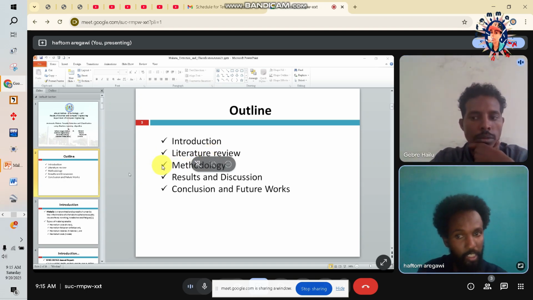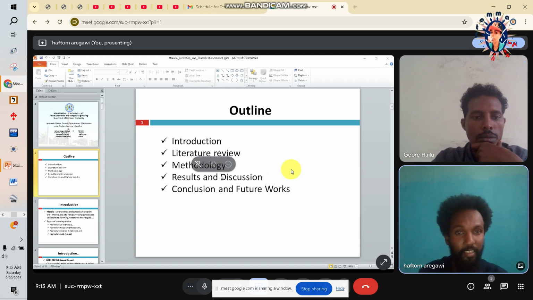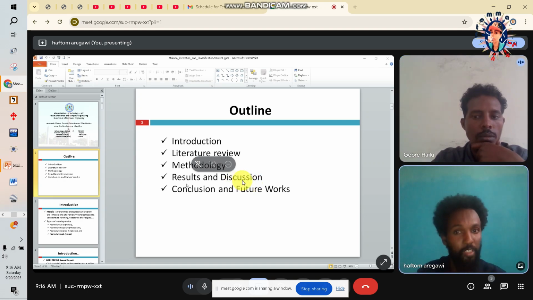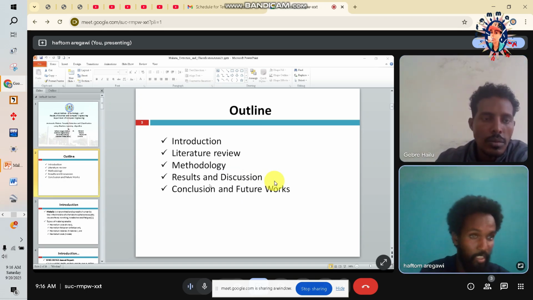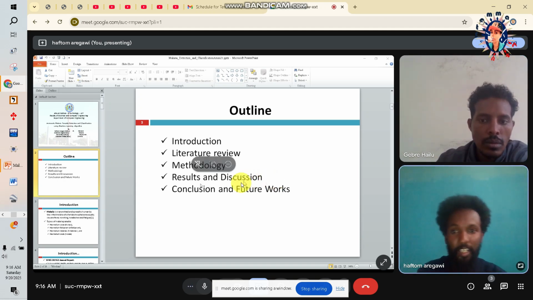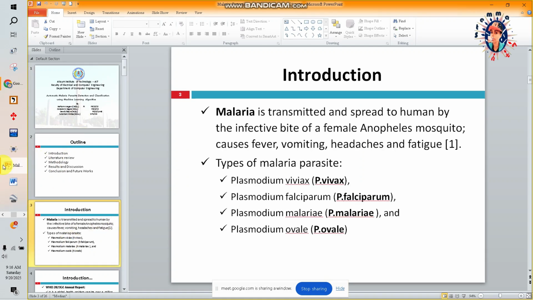In the methodology, we see the procedure we followed to develop this malaria detection and classification system, the proposed system itself, and the selected model. In results and discussion, we present the experiments. Lastly, we see the conclusion and future works.